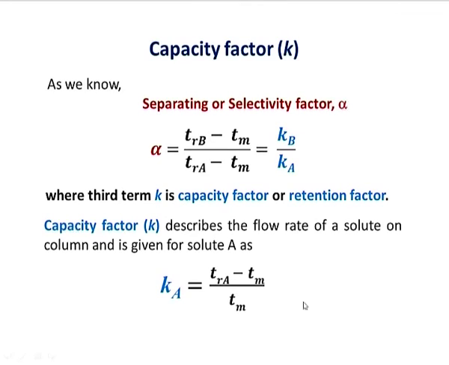Now, let us try to understand what this term is signifying by this equation. It shows how well a solute in question has interacted with a stationary phase. So, the more a solute would interact with a stationary phase, the more would be this term TRA minus Tm, and the more would be the capacity factor or retention factor. So, it means how well a solute is retained onto a stationary phase.